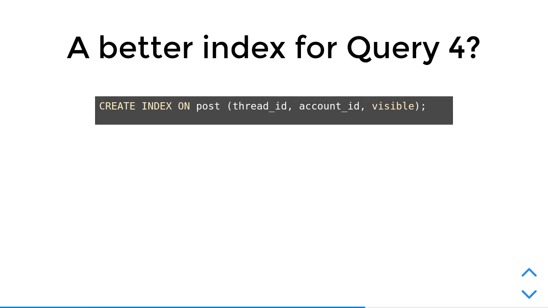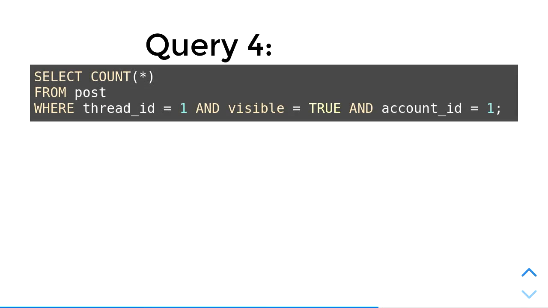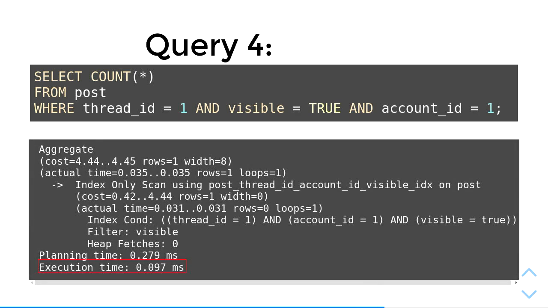Can we do a better index for query 4? Because the query 3 one was good, but query 4 uses 3 different fields. So let's index all 3 fields and maybe we'll get something better again. And remember, query 4 is a count, which means if we have all the information we need in the index, we might get an index-only scan, which is the most efficient we can hope for. Well, sure enough, we get an index-only scan because all 3 terms that we want to filter on are available in the index.